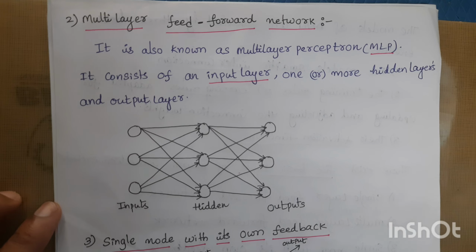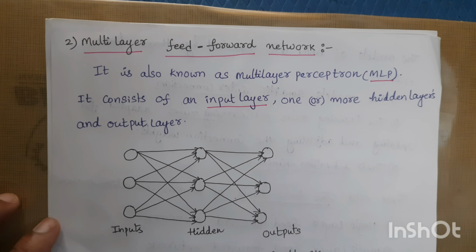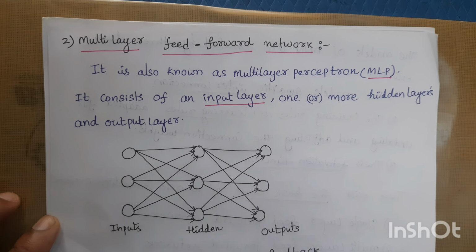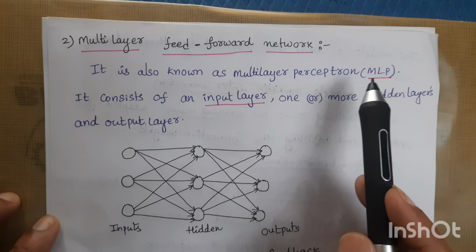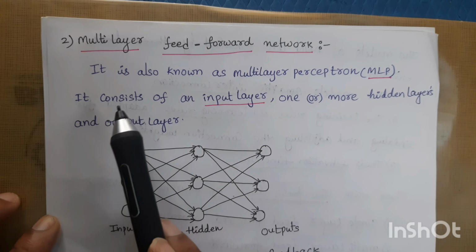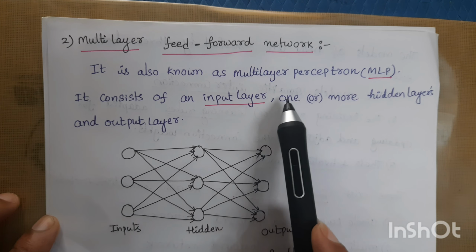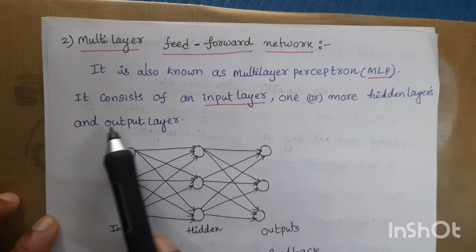You can see here the multi-layer feed forward network, also known as multi-layer perceptron, MLP. It consists of an input layer, one or more hidden layers, and an output layer.